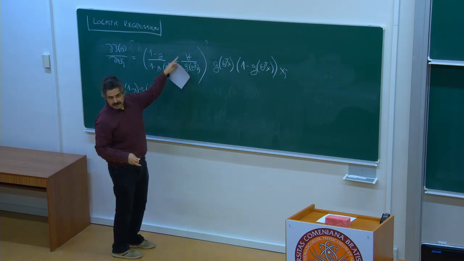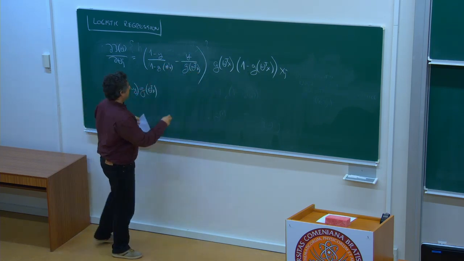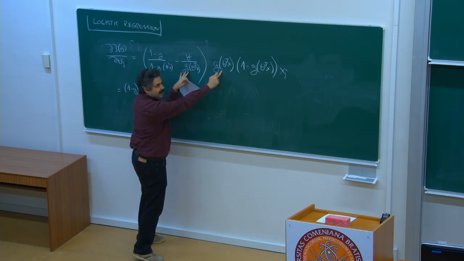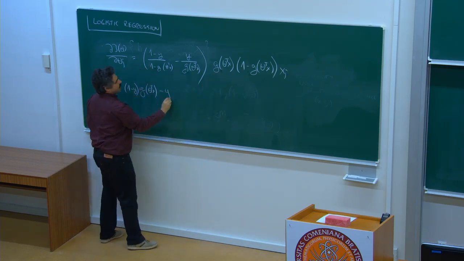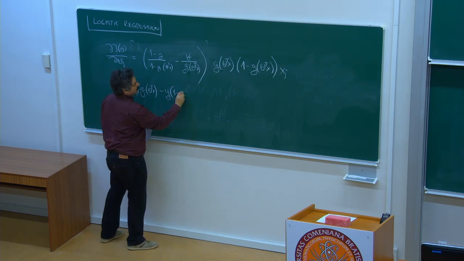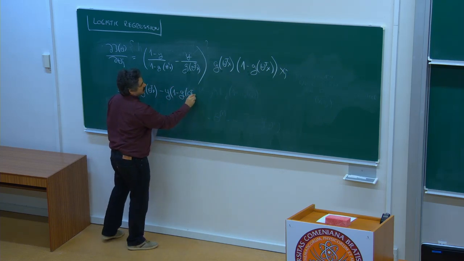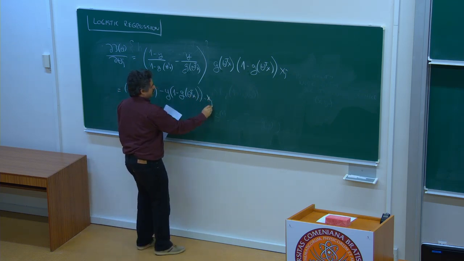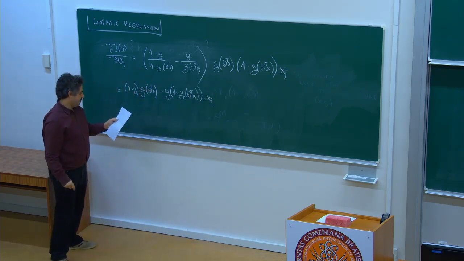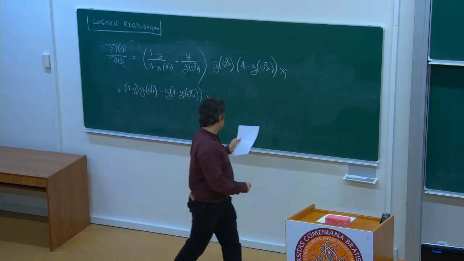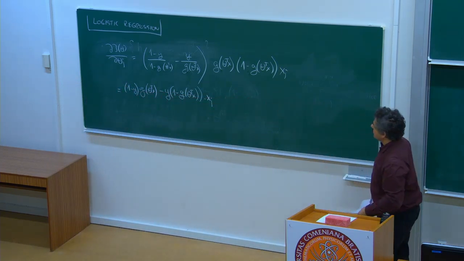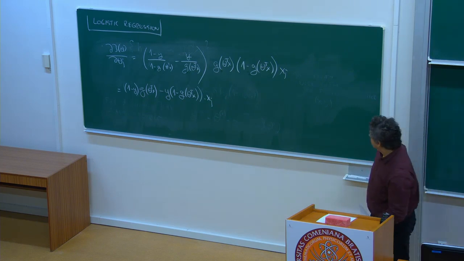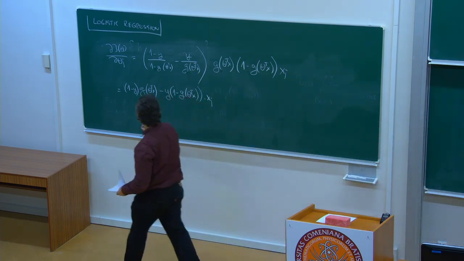And again, I will repeat the same trick for this part. This thing and this thing are exactly the same, so it will disappear. So minus y times (1 minus g(theta transpose x)) times x_j. Okay, let's look at this again. Everything is times x_j.